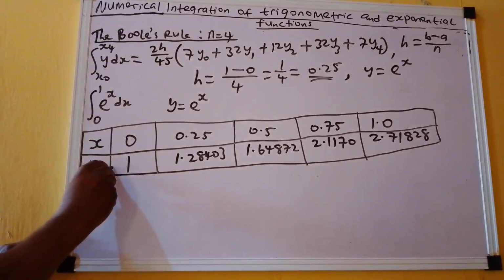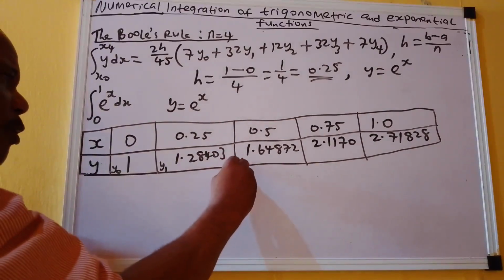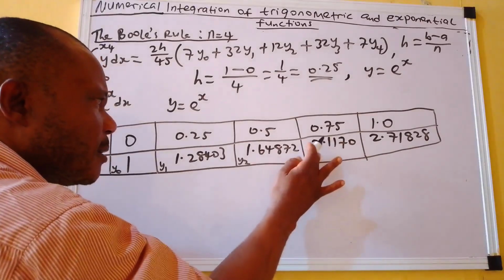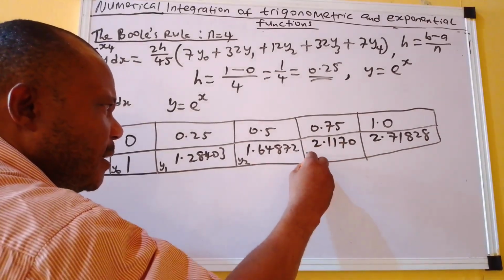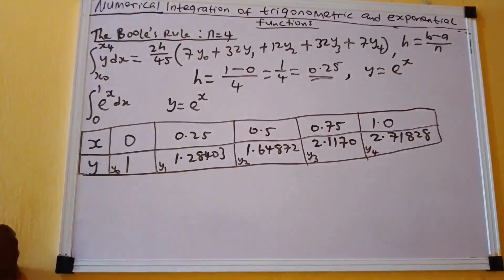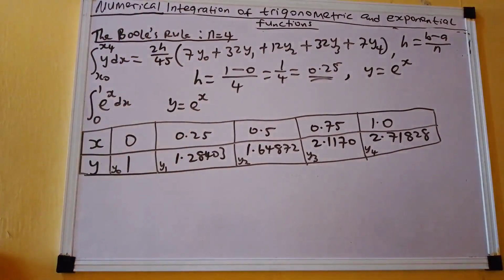So place, here will be your y0, here will be your y1, here will be your y2, here will be your y3, and here will be your y4. So for the sake of identification, it is good you do it this way so that it will be very easy for you to identify.